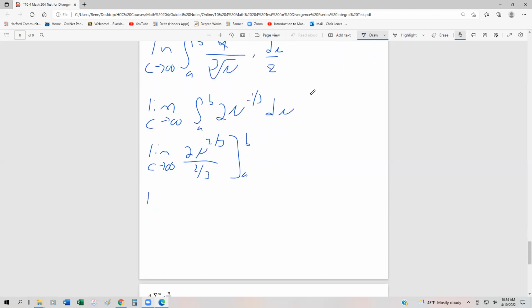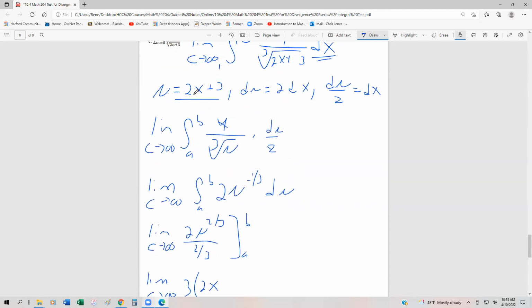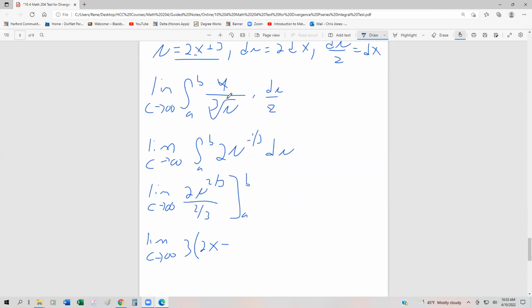So now we have the limit as c approaches infinity. This is going to turn into 6 over 2, which is going to be 3. And then we have 2x plus 3 for our u to the 2/3 power from 1 to c.